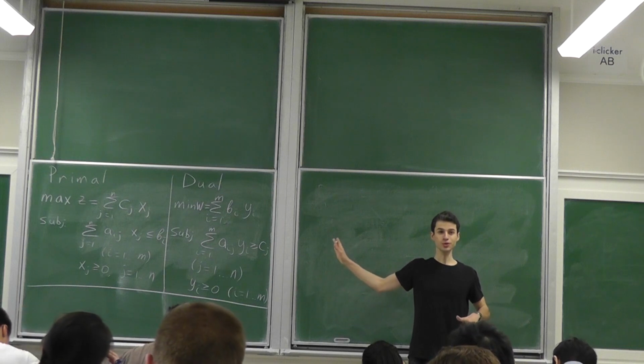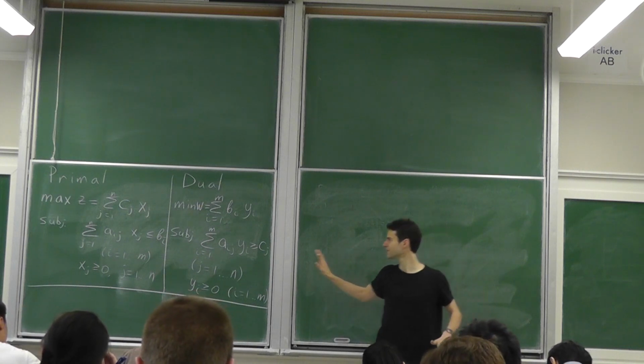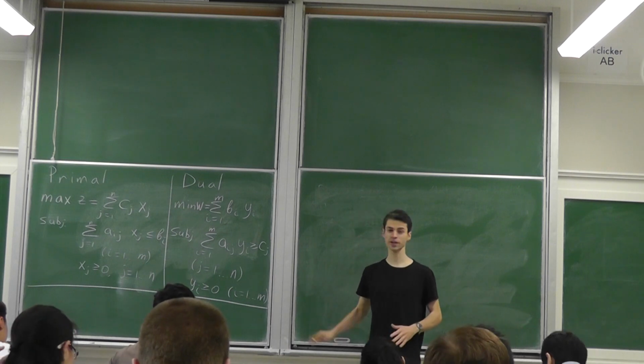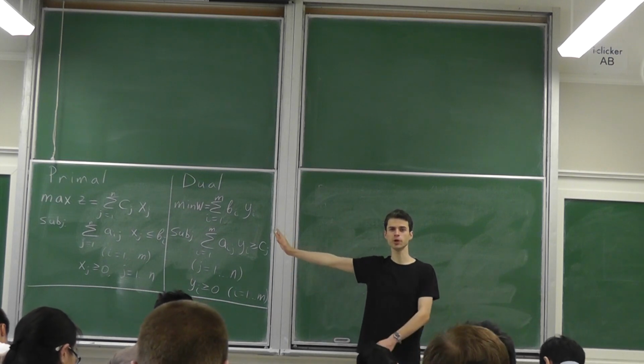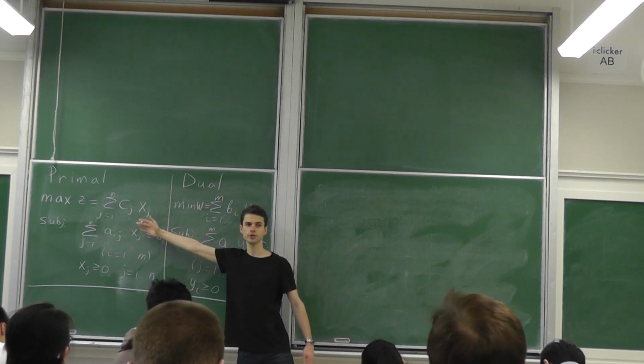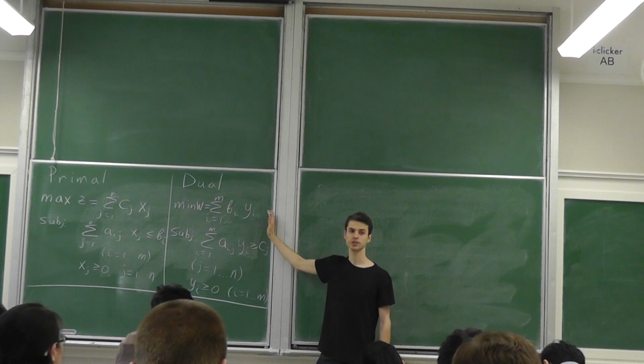So here I did nothing new, hopefully, except maybe using this notation for sum, but otherwise it is the same pair of problems, the general linear programming problem in standard form, and its dual.